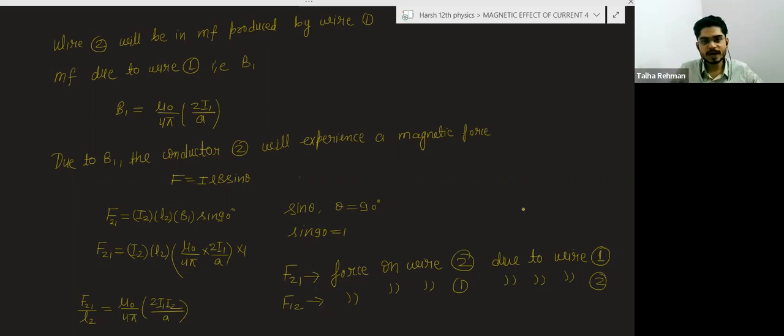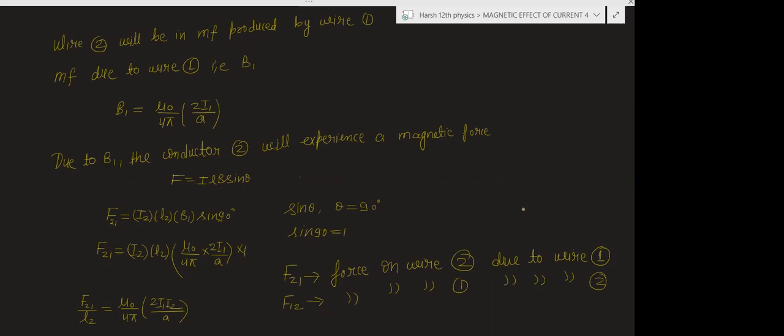So if you have two conductors and in those conductors you have current, then there will be some force on those conductors due to each other. Due to conductor 1, there will be some force on conductor 2, and due to conductor 2, there will be some force on conductor 1.